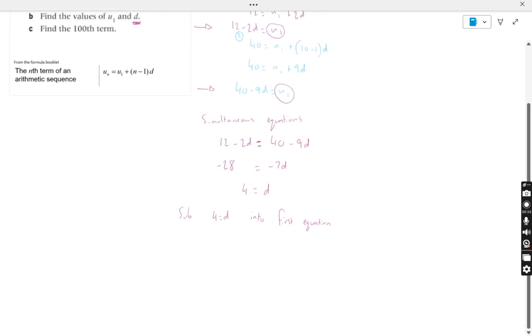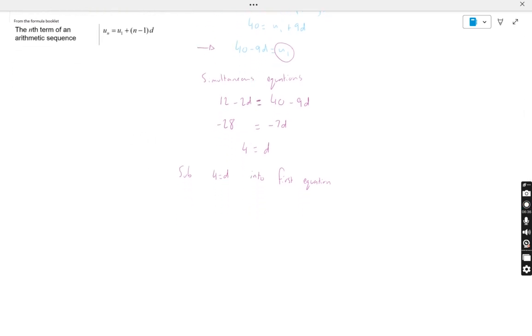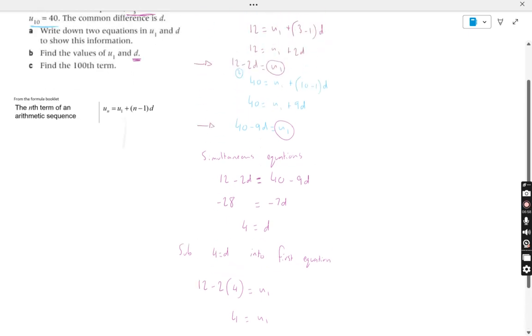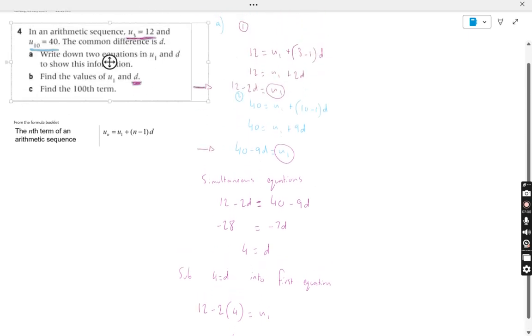So this time we're going to have 12 minus 2, instead of D we're going to have 4, equals U1. 2 multiplied by 4 is 8. So 12 minus 8 is 4. So 4 equals U1. So now we have figured out that U1 equals 4 and D also equals 4.